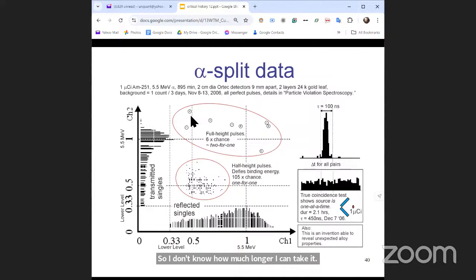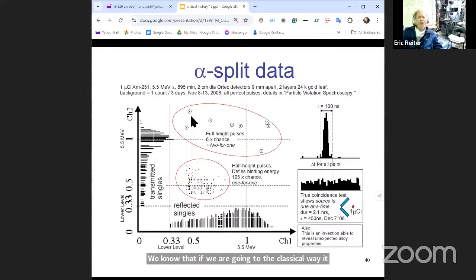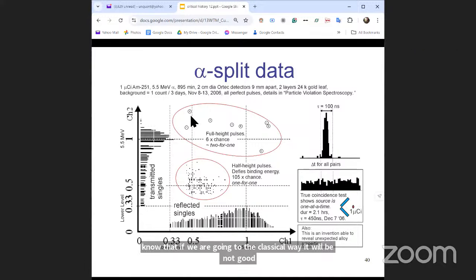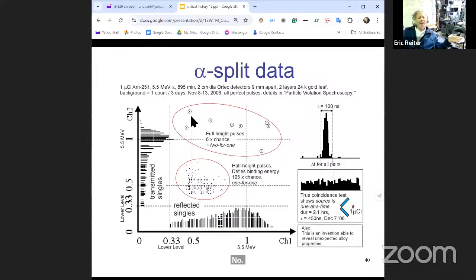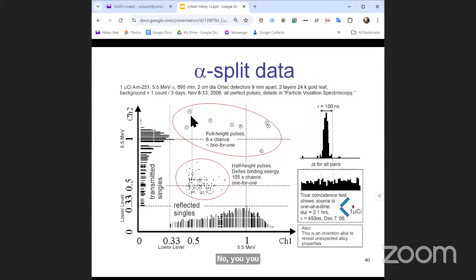I can agree with one thing, that everyone wants to explain what is going on, yes, but we know that if we go the classical way, it will not be good. I'm not doing classical. Yeah, you do it classical. I'm doing it in an understandable way. This understandable way is classical. It's the same as changing the point of view like Copernicus and Helios and other kinds of thinking about whether the sun goes round or the earth goes round.